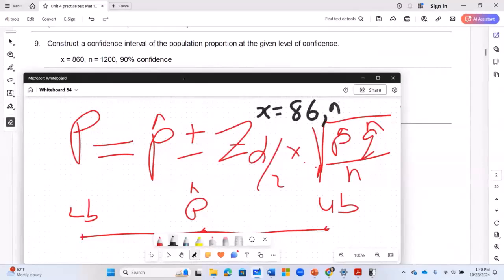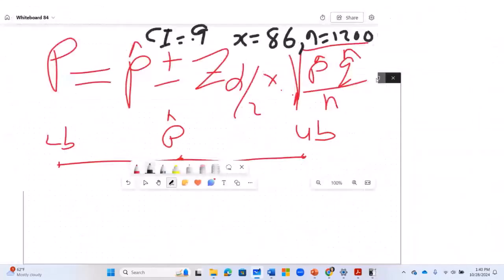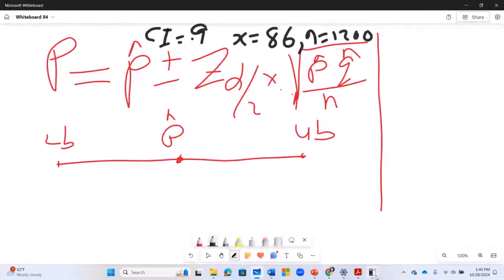Sample size is 1200. And the confidence level is 0.9, 90%. If the confidence level is 90% and everything is given to me, I will quickly use my calculator to find the confidence interval for proportion.